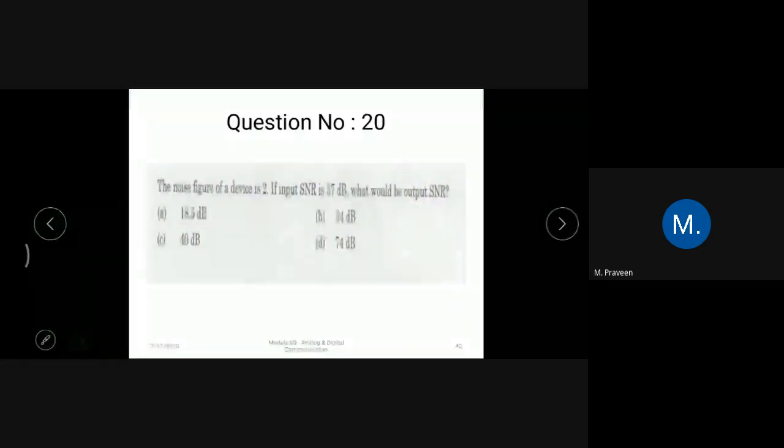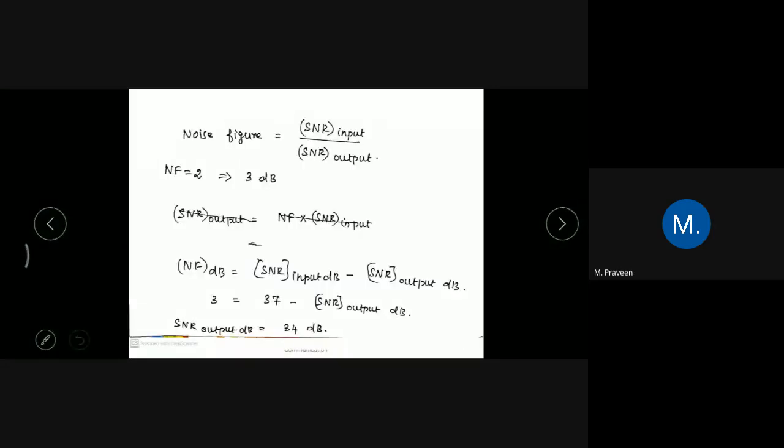So now we go for the noise figure. Since the value is 2, the equivalent decibel value is 3; 10 log 2 is nothing but 3 dB. Noise figure equals SNR input divided by SNR output, but this equation is only for the normal scale, not for the dB scale.